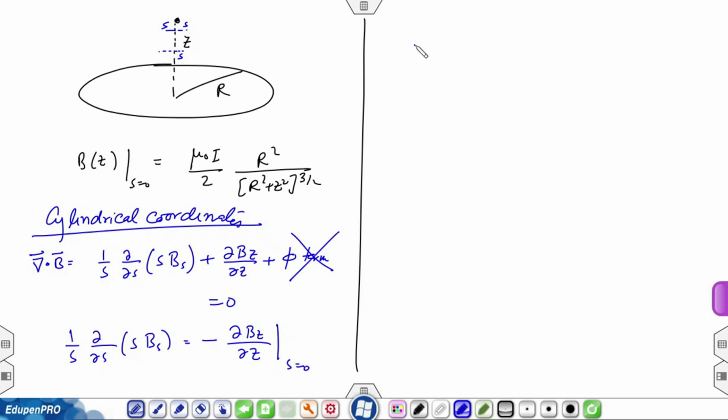This gives you the first approximation, like a Taylor series, that Bs as a function of s is going to be equal to, you can integrate the s part directly, and you get minus s by 2 dBz by dz at s equals 0. So, Bs at s equals 0 was 0, but you are slightly off from it, it depends on dBz by dz.